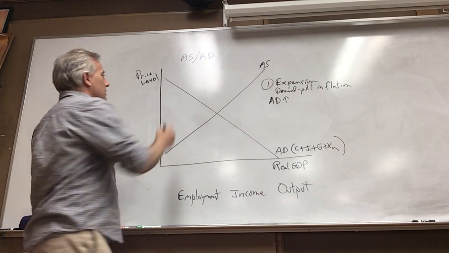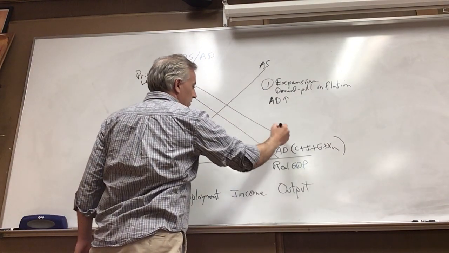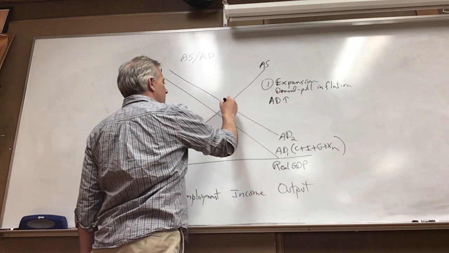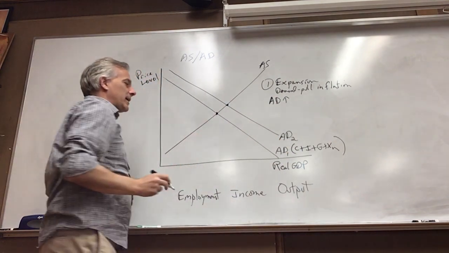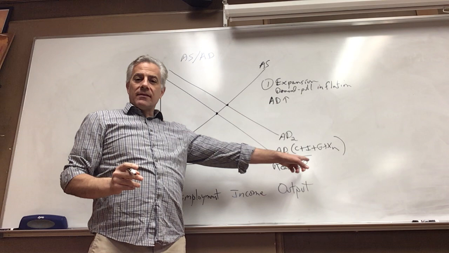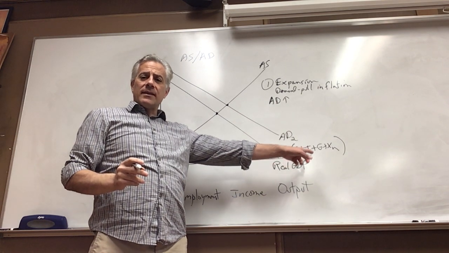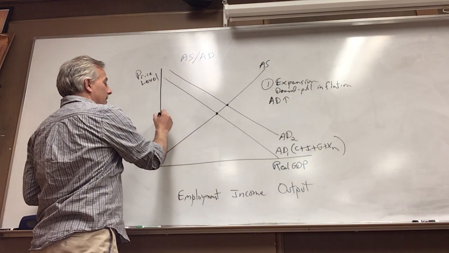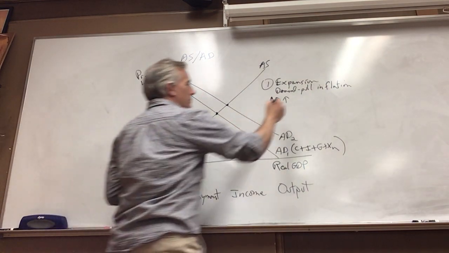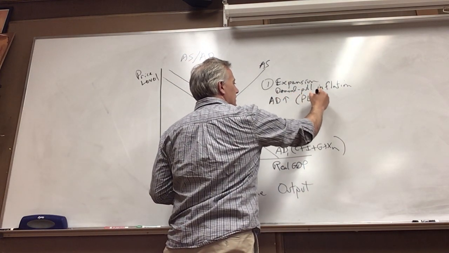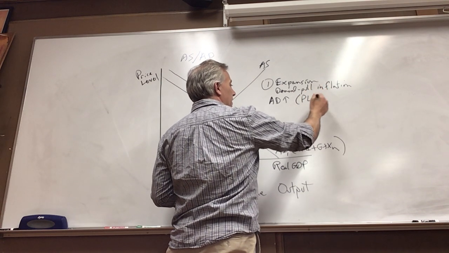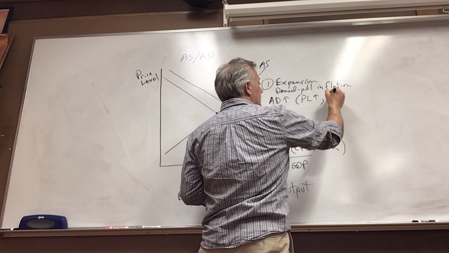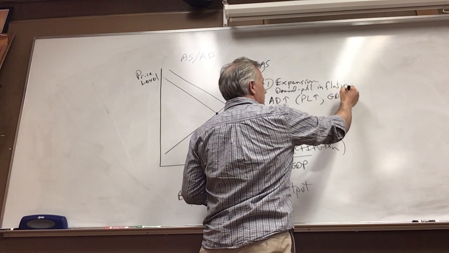So expansion is just simply a rightward shift, right and up, if you will, of the aggregate demand curve as a result of an increase in consumption, investment, government spending, or net exports. All right? And it's going to lead to a higher price level. Okay, that's where the inflation comes in. And GDP is going to increase as well.